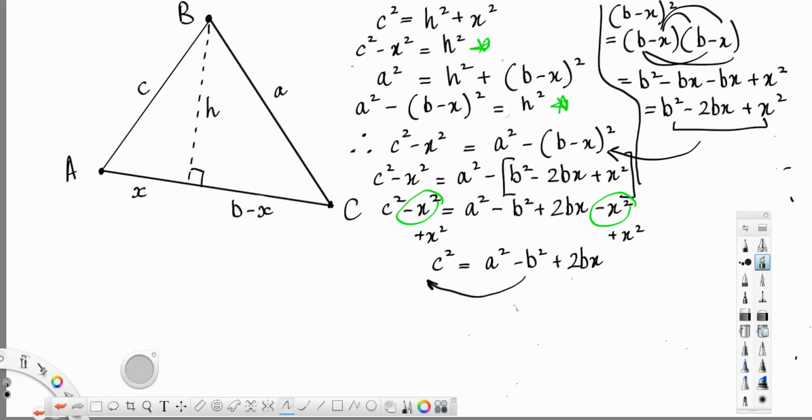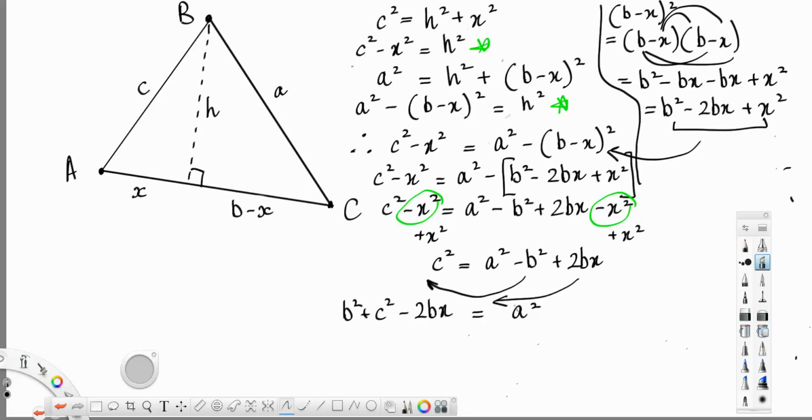The plus 2bx I'm also going to take across, and that's going to go negative because it's positive on this side, it'll go negative on the other side. So I'll end up with, on the left hand side, b squared plus c squared minus 2bx equals a squared.